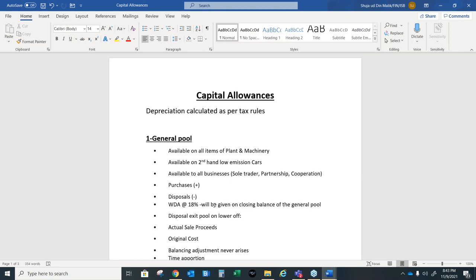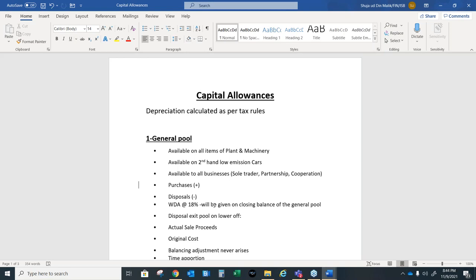So every time we apply 18% writing down allowance on the closing balance of the general pool, the balance of the pool will reduce. The concept of pool says that when we club things in the pool, they lose their original identity. One very important thing for the P6 examination is disposal of assets and the gain arising on them.